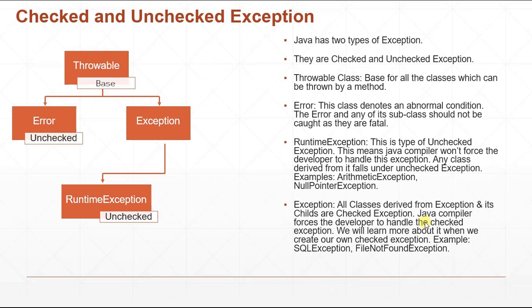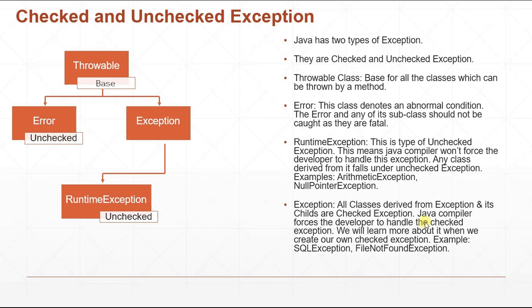So there is one more category. Whatever class we derive from Exception becomes a checked exception. So this includes Exception also. When an exception is a checked exception, the Java compiler will check whether the developer is handling it.